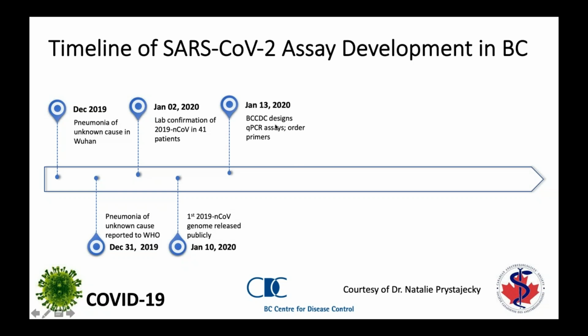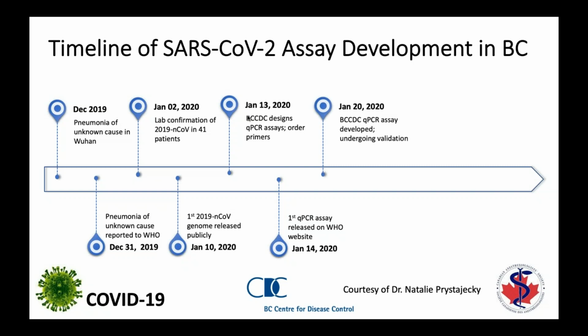So we had submitted our order for primers to target those key genes that I had showed on the last slide on January 13th. By January 14th, WHO, their team were doing the same thing, had reported their PCR assay, which we evaluated and compared against ours. And our evaluation started January 20th when the primers arrived.